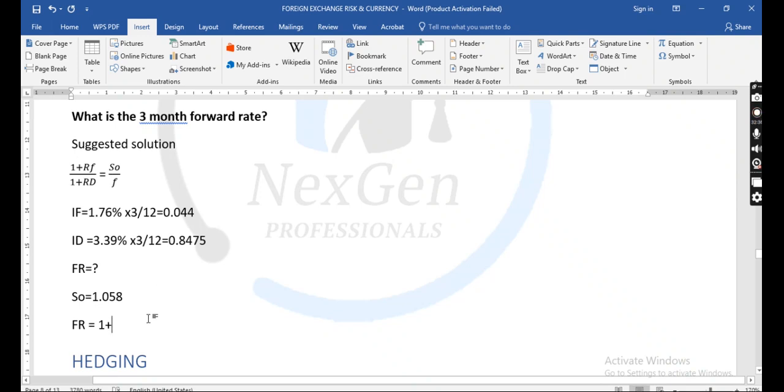So IF is 0.044. I don't know how they came about the 0.044; the first time I'm getting 0.44. This is in percentage. What do you have here? Okay, if we are to do percentage, that means the second one, we need to convert the second one.